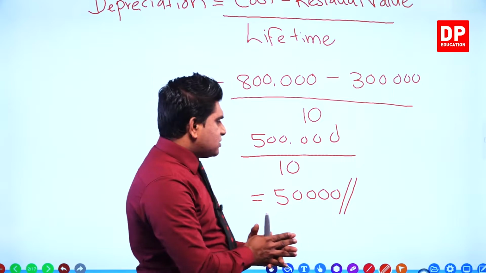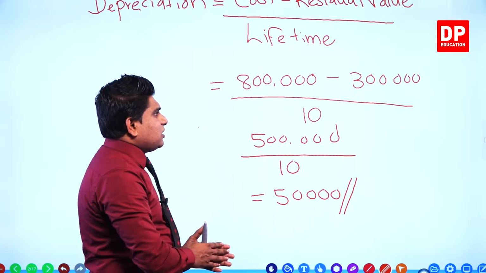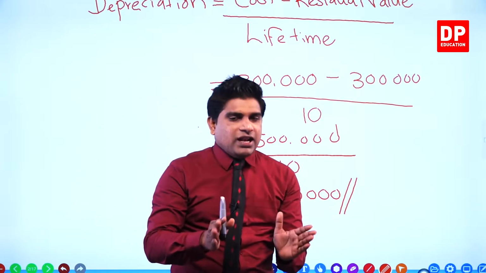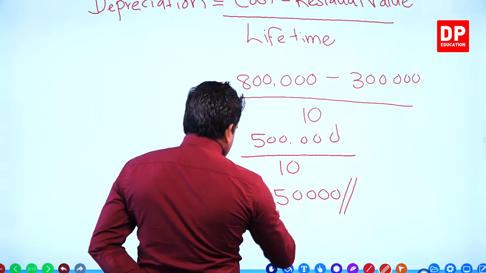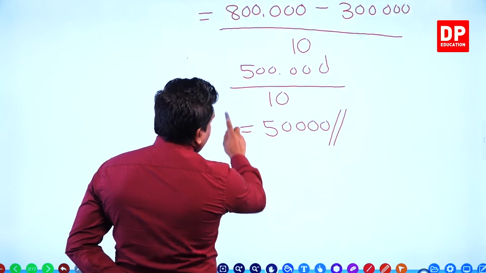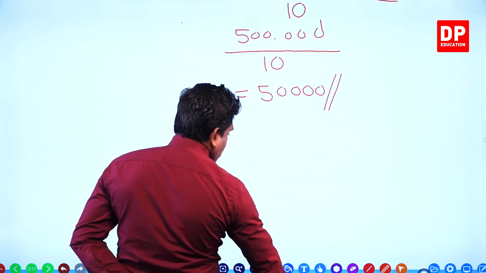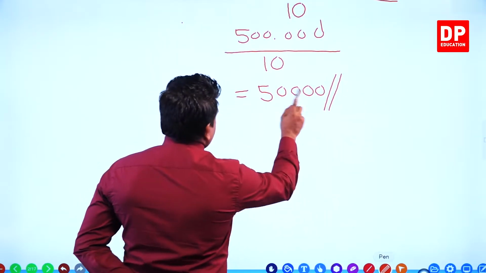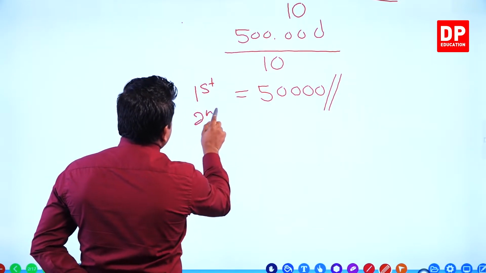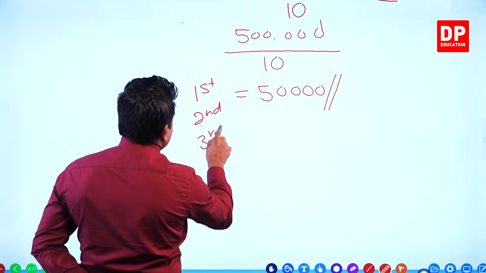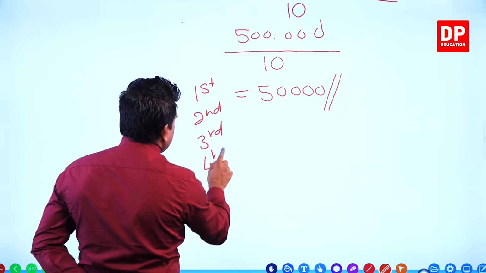Remember this. I analyze this answer so you can understand it well. If the lifetime is 10 years, how many times can we do the calculation? First year, 50,000. Second year, 50,000. Third year, 50,000. Fourth year, 50,000.